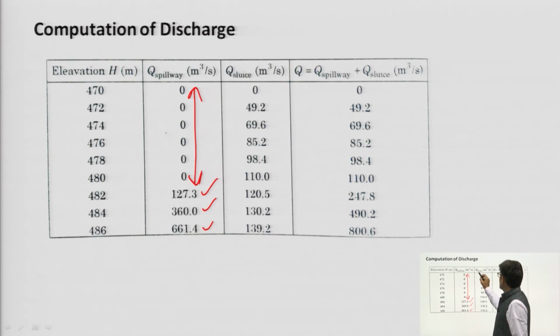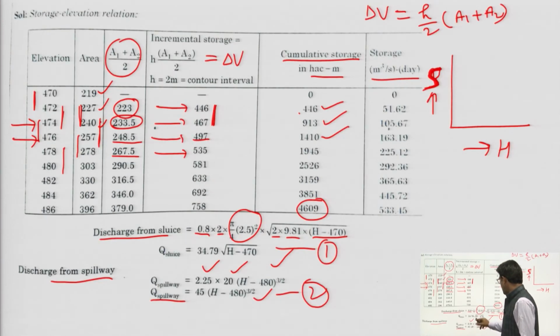Similarly, for the sluice gate, at 470 the discharge is 0, but when the elevation changes, we get discharge through the sluice gate. From this formula, it is under root of (h minus 470).